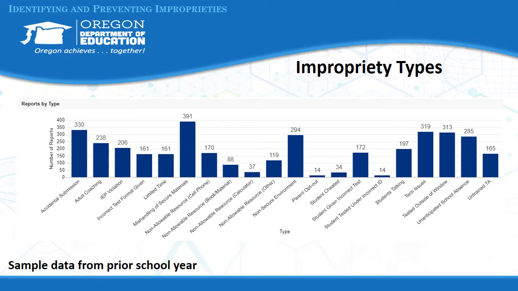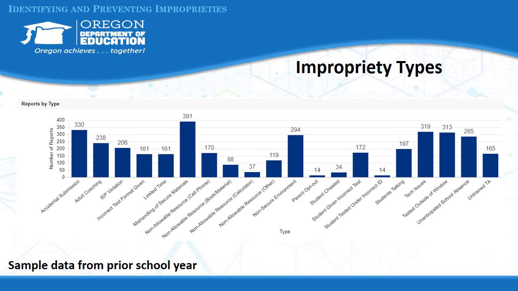ODE tracks the type of impropriety reported in an effort to understand the critical areas of concern that can be emphasized during training. The most common improprieties are mishandling secure materials, accidental submissions, technology issues, and testing outside of the testing window. While all improprieties are concerning, we continue to receive reports of non-allowable resources being provided as well.